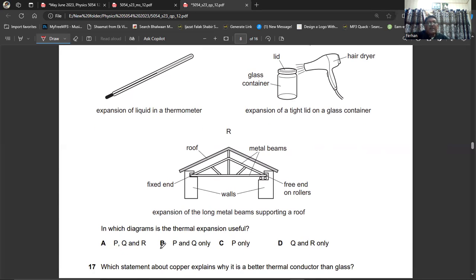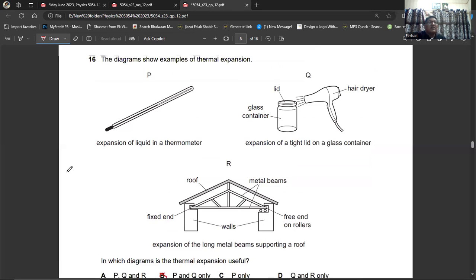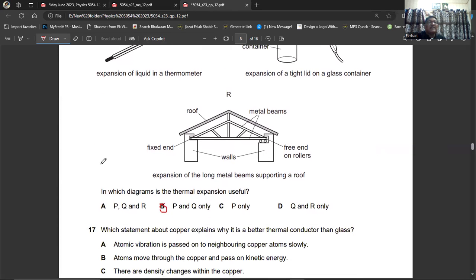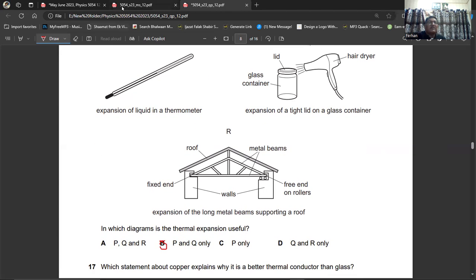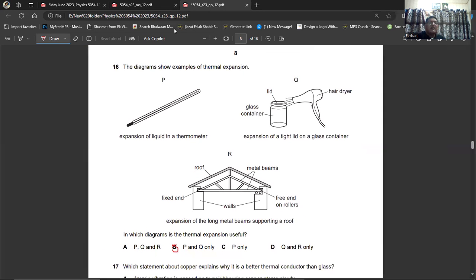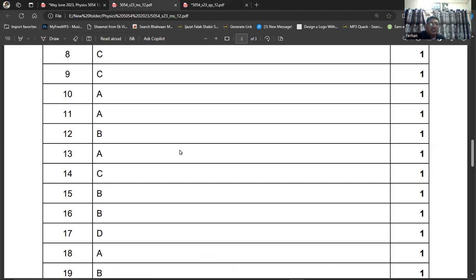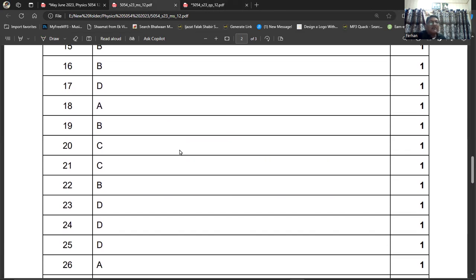So I think P and Q only, R is not part of it. So I think B is the right choice. Question number 16, B is the right answer, sir.